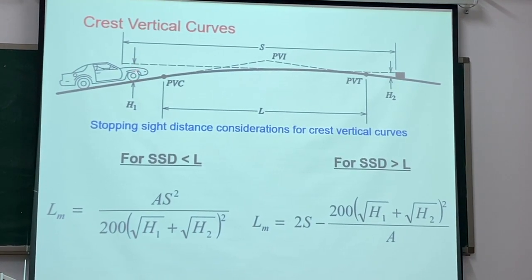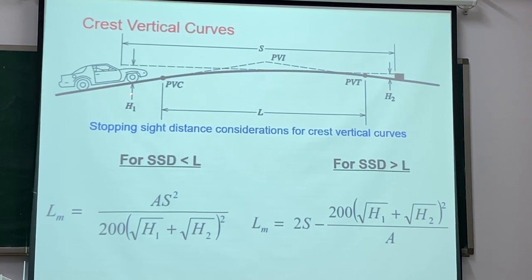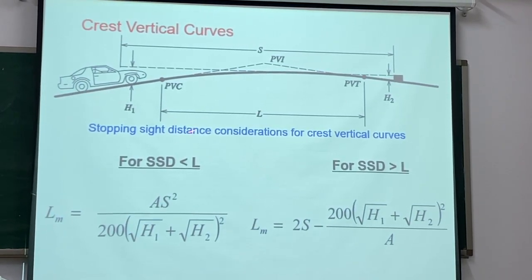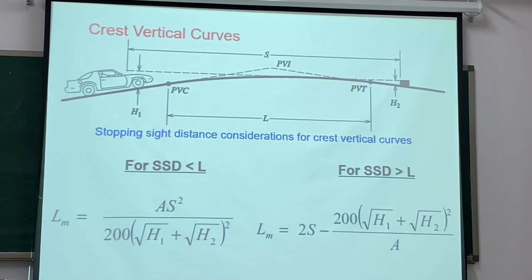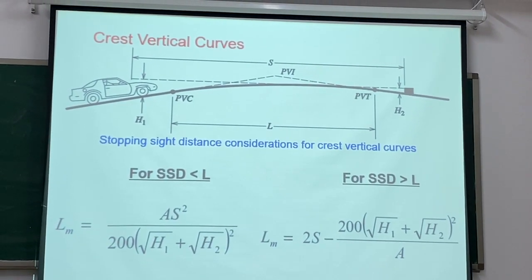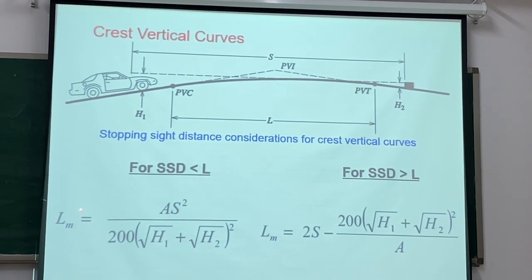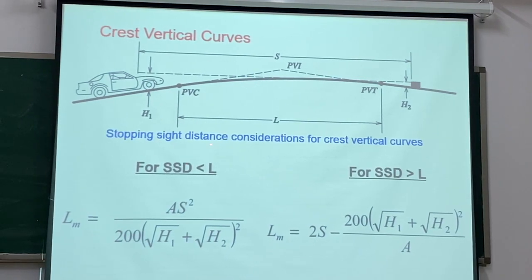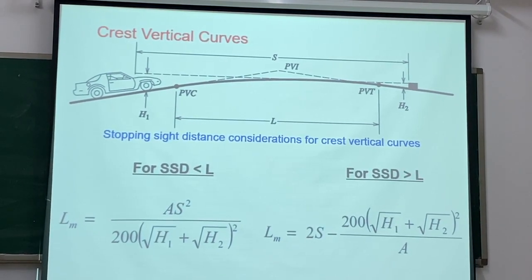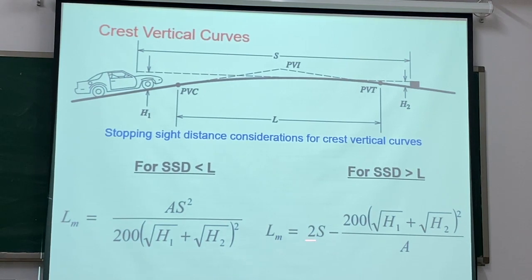We should know H1 and H2 and the A. Then we can calculate the stopping sight distance. This is different.